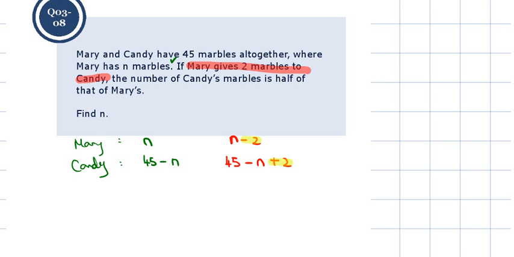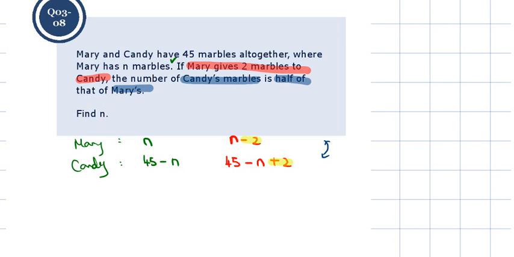The final information that we were given is here: the number of Candy's marbles is half of Mary's. So what does that mean? Well, these two expressions relate to each other.